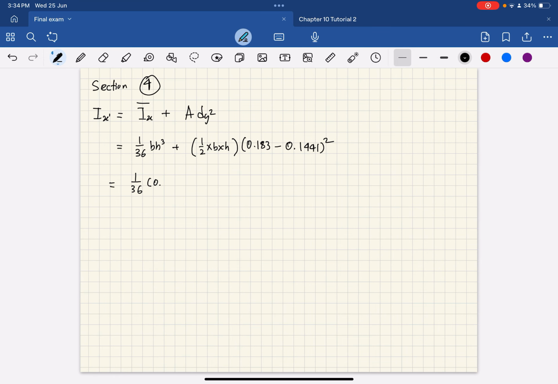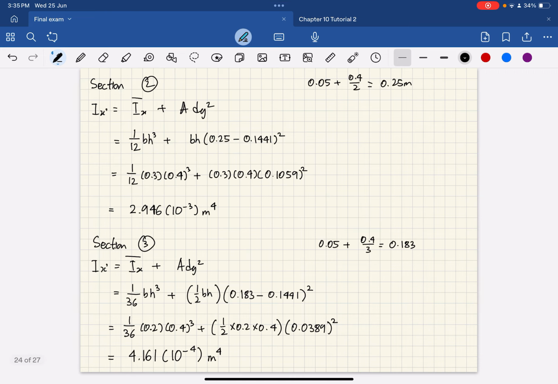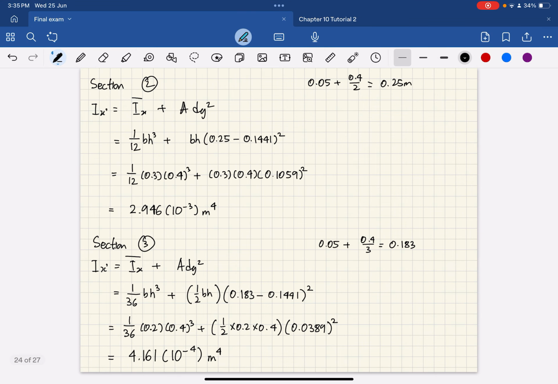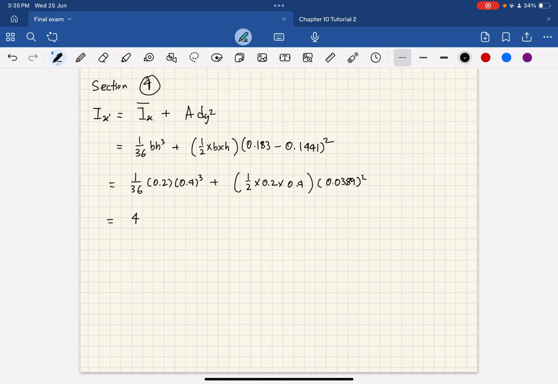Times 0.2, 0.4 cube plus half times 0.2 times 0.4, and this one is 0.0389 squared. So you compute everything, you should also get the same answer, 4.161 times 10 to the power of negative 4 meters to the power of 4.